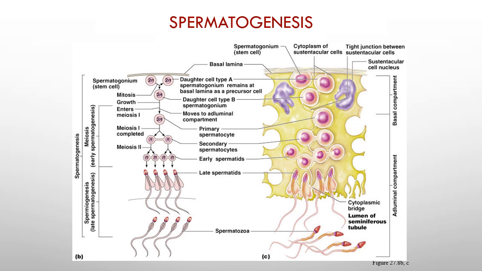So for spermatogenesis, we already looked at oogenesis with the female. Spermatogenesis goes along, and again, as said before, we start out with something that looks like a cuboidal type of cell. That cell is going to then duplicate as we go through our process here. Our primary spermatocyte, kind of like our primary oocyte, is a 2N cell.